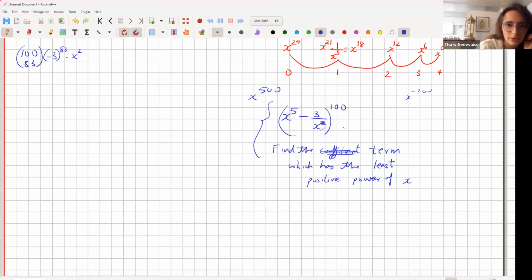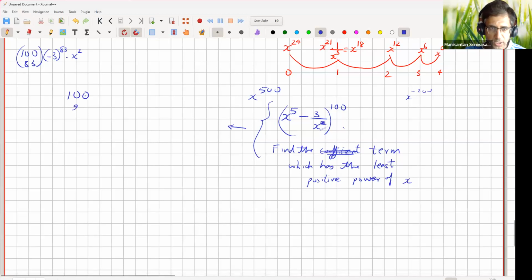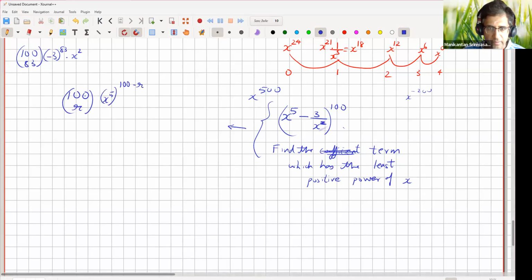Yeah, I would like to discuss it. We can discuss, right? So a general term in this expansion using the normal binomial theorem would be what? 100 choose r, x power 5 power 100 minus r, and then minus 3 by x square whole power r.